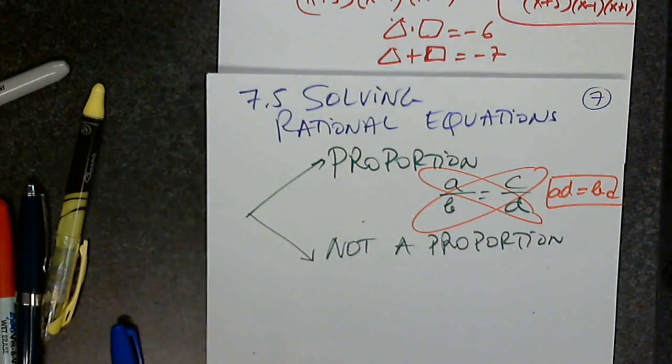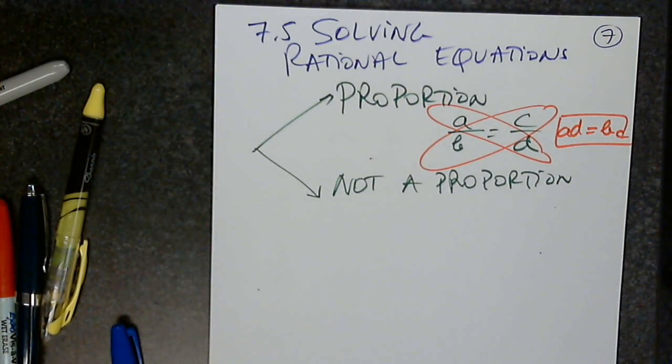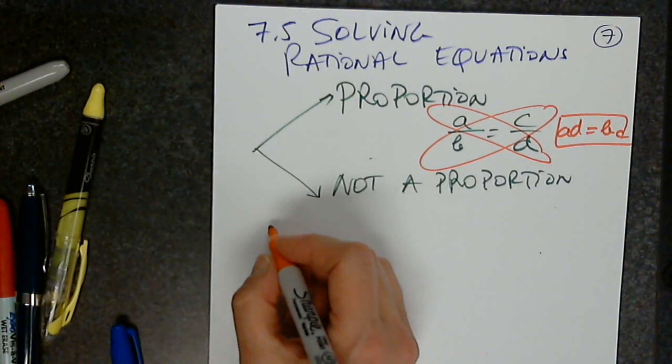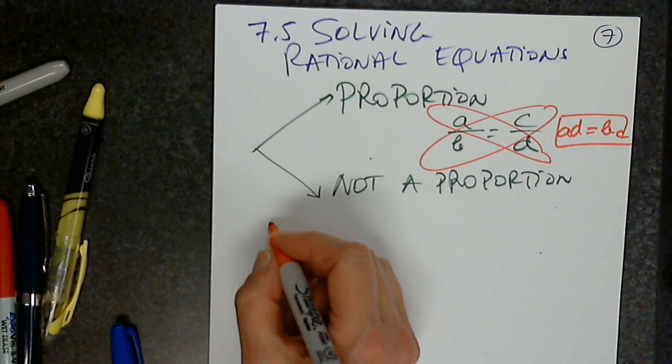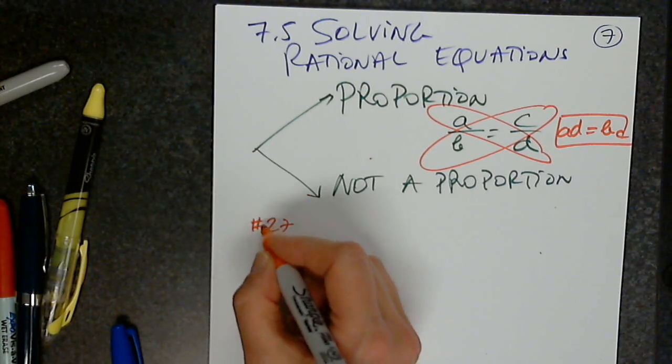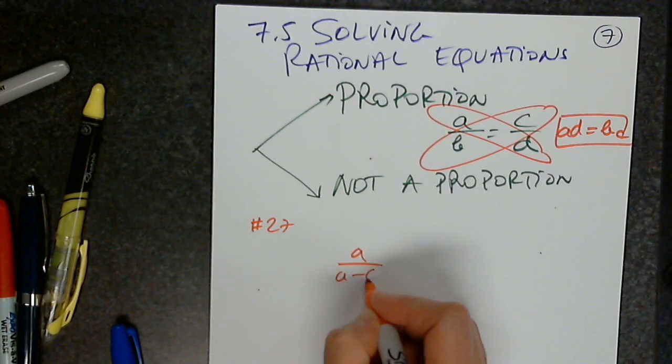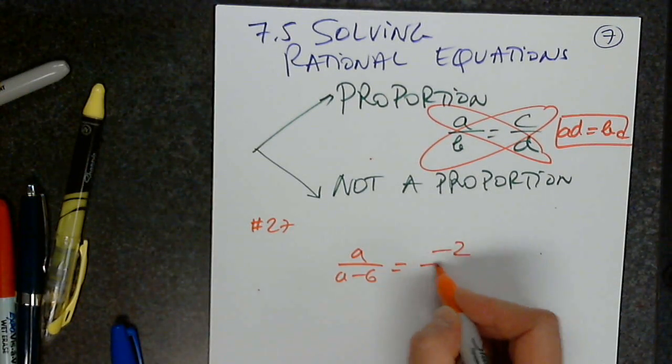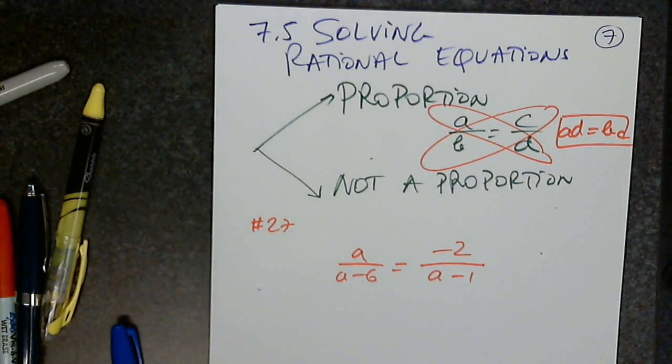So let's look at a few examples with proportions. On page 480, let's start with problem 27. A divided by a minus 6 equals negative 2 divided by a minus 1. Is this a proportion?